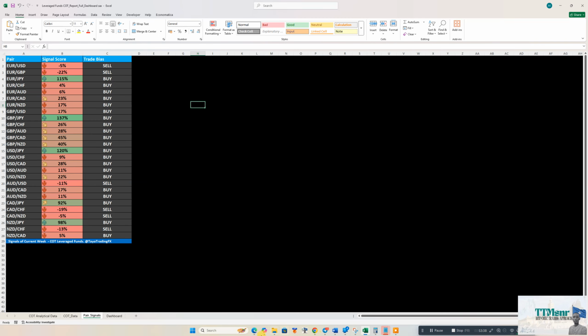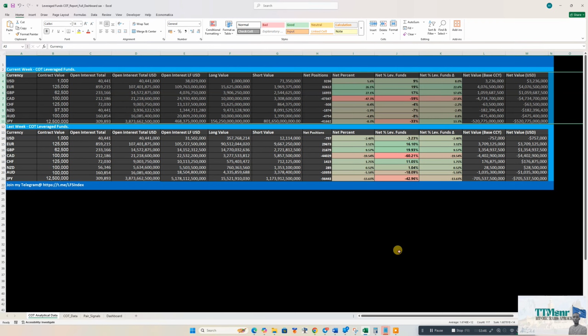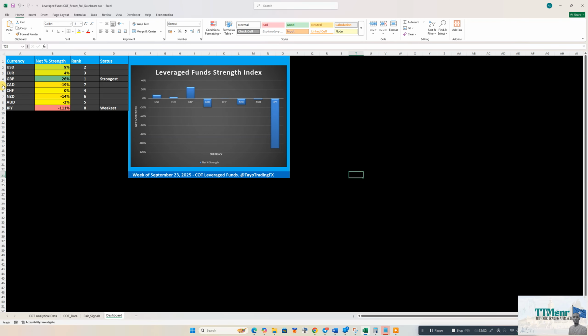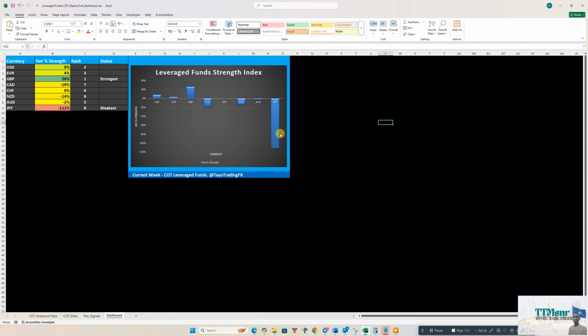It means this week. And when we go to the dashboard, for that week, the current week, it shows JPY was the weakest for that week.